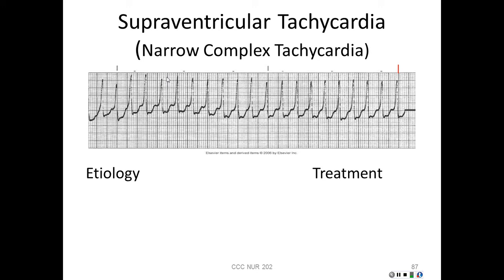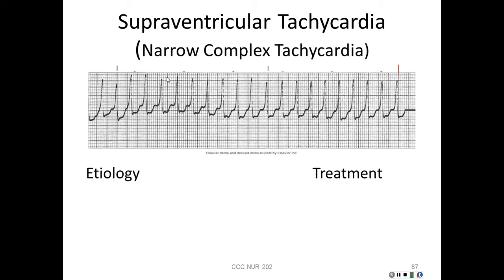Now, when we look at the etiology of narrow complex tachycardia, it's basically a very rapid heartbeat caused by an AV nodal reentry mechanism. A lot of times it'll begin suddenly and then it'll go away as quickly as it began. In some people, though, it will last a long time and they will come in complaining of shortness of breath, palpitations, fatigue. These can convert over into a complete heart block, causing problems for the patients.